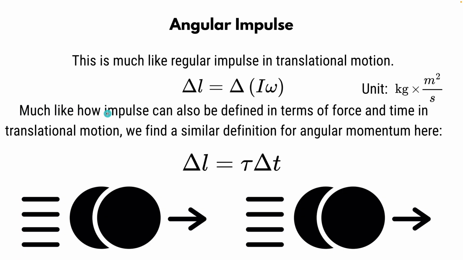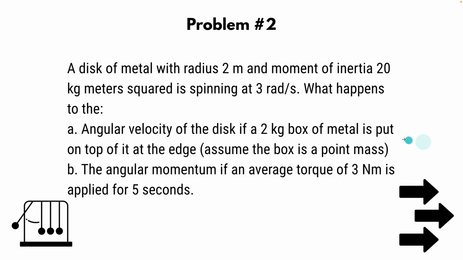Much like how impulse can also be defined in terms of force and time in translational motion, we find a similar definition here: the change in angular momentum is also equal to the torque times the time the torque is applied for. It's a perfect parallel, because regular impulse is defined as force times the time it's applied for. So now we've got a second problem.